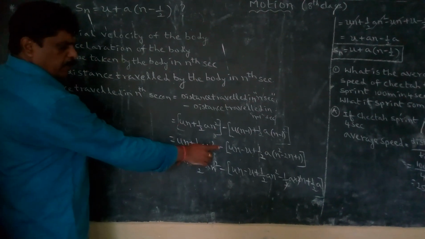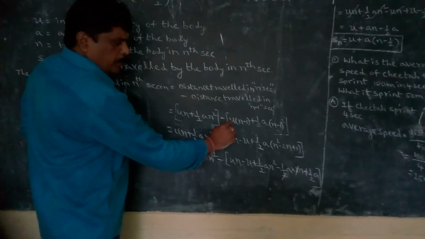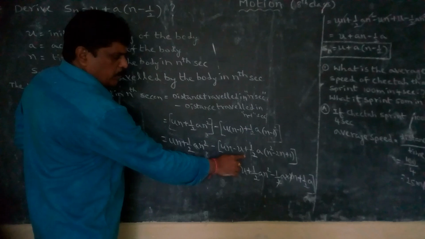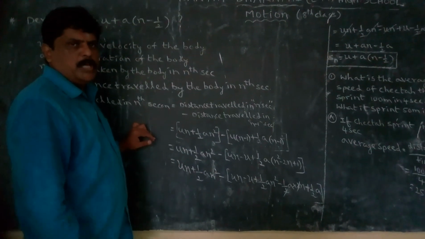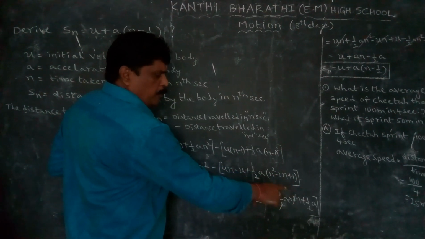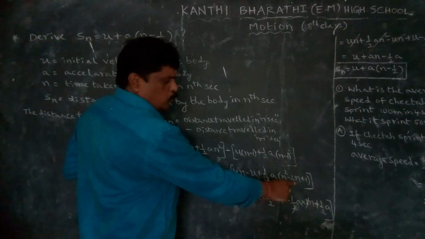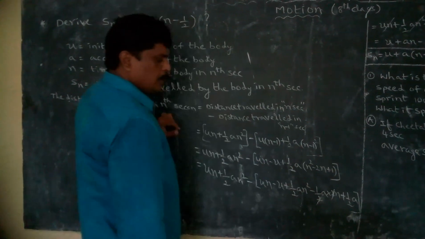So un plus half an square minus u into n minus 1, that is minus un plus u, plus half a into n minus 1 whole square. The formula for a minus b whole square is a square minus 2ab plus b square. So here a square means n square, 2ab means 2 into n into 1, that is 2n, and b square means 1 square, which is 1.